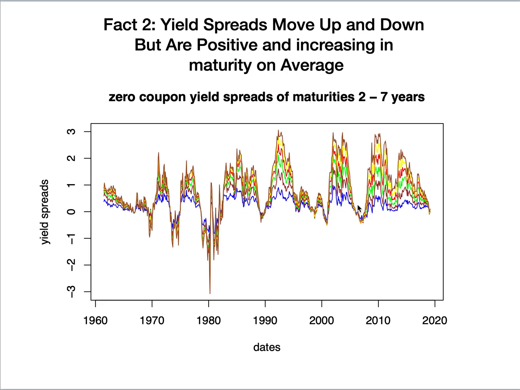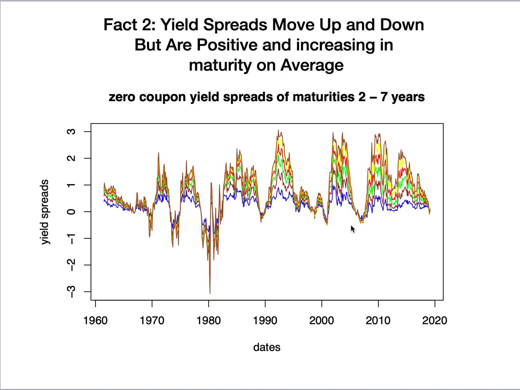We see most of the time these yield spreads are positive, and the further out you go in maturity, going from 2 to 7 years versus the 1 year bond, the bigger the yield spread gets. So the term structure is typically upward sloping, and then sometimes it's very flat, and sometimes it's downward sloping.